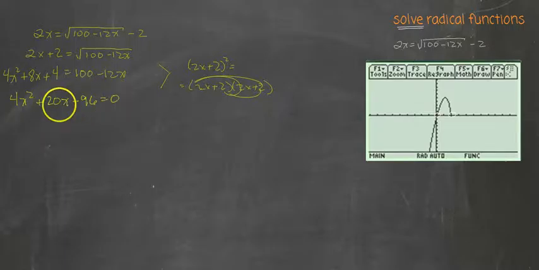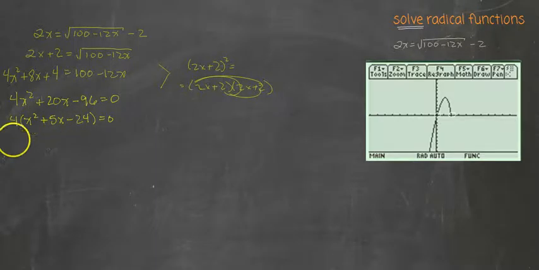Well, first thing I want to do before I factor the quadratic is get rid of any internal or inside integer factors, and I have one, which is a 4. So x squared plus 5x minus 24, and that equals 0.